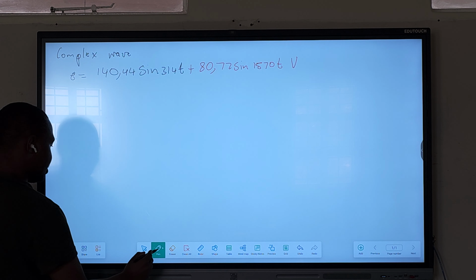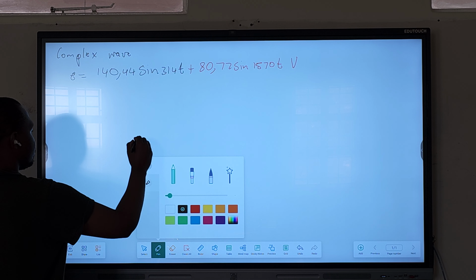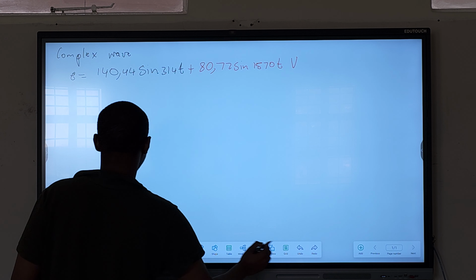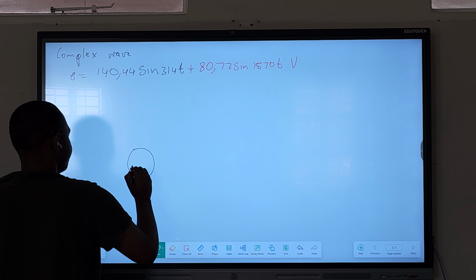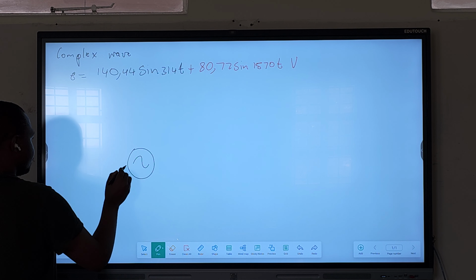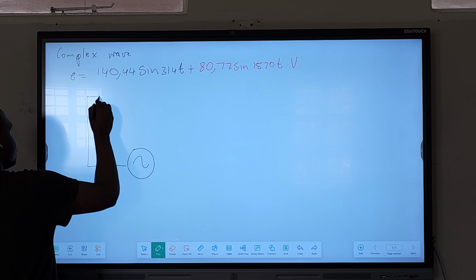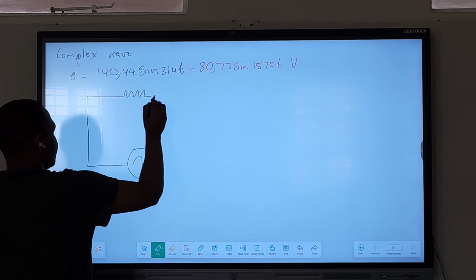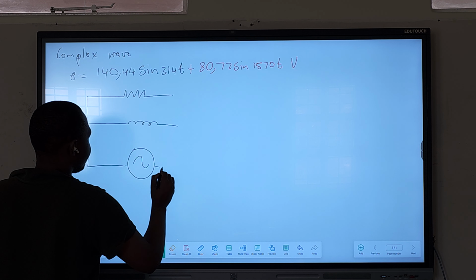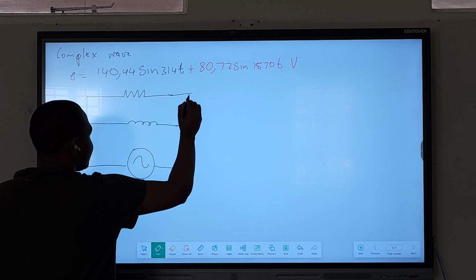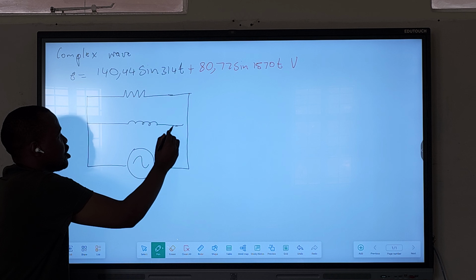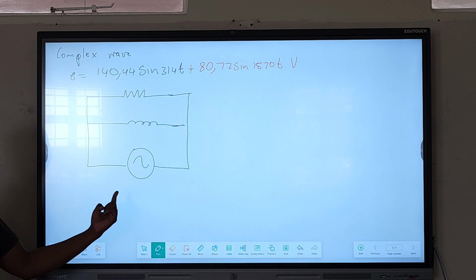Then let us draw our circuit. A resistor and an inductor, connected in parallel. So you see we have an AC circuit. An AC circuit is the same as an ordinary circuit, it's just that the source is an AC source.